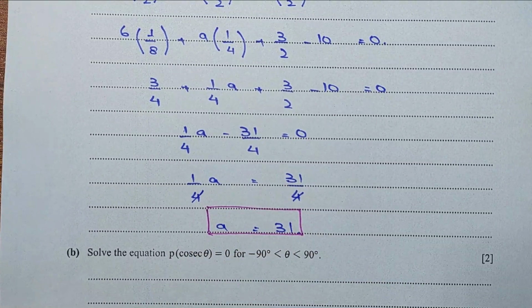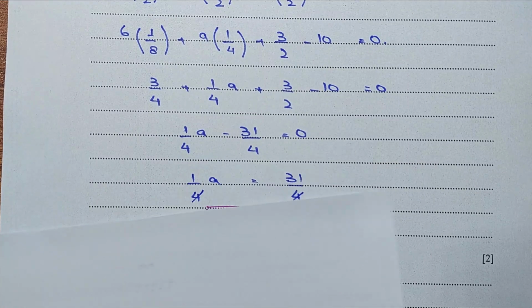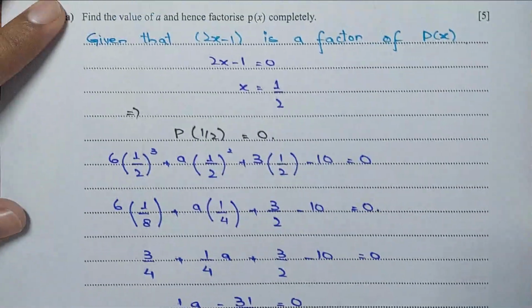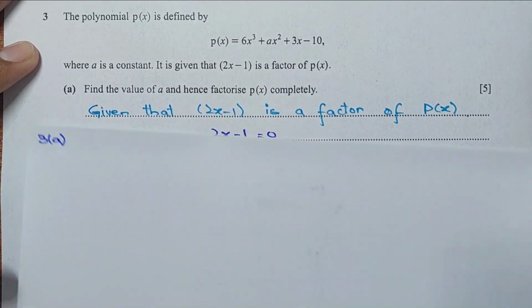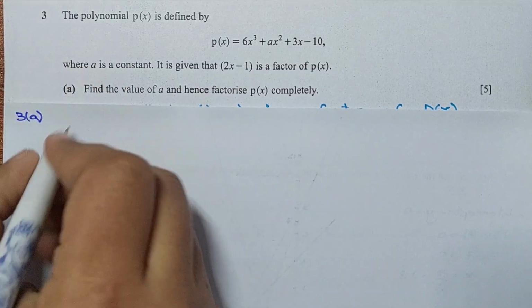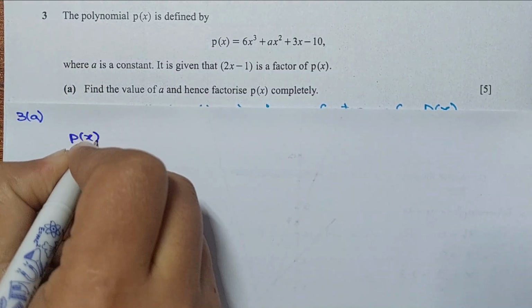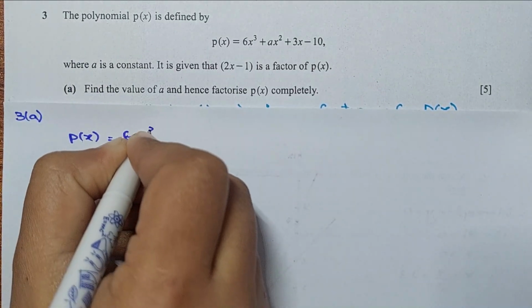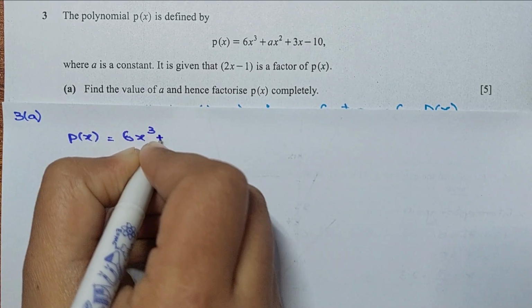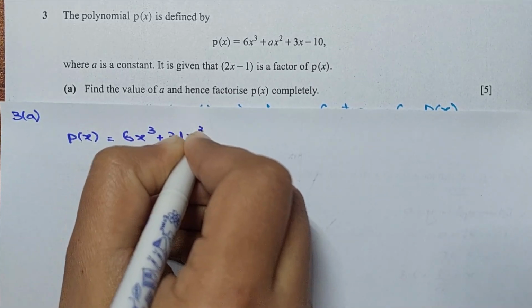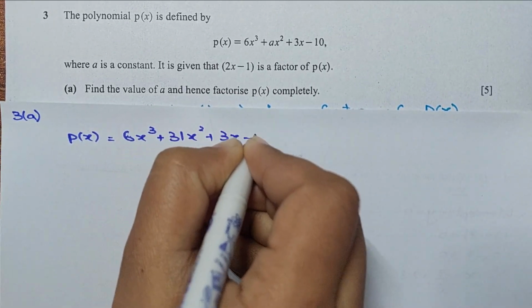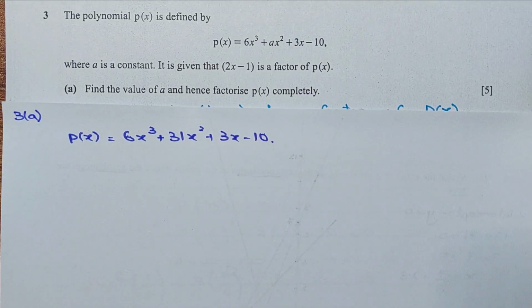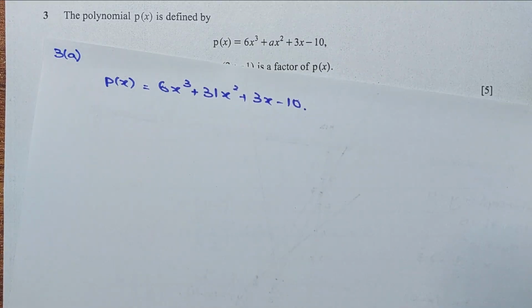Now in the next part we need to factorize this polynomial completely, right? Now we have the value of a, which is 31. Just substitute the value of a into the polynomial p of x. Now p of x is 6x cube plus 31 x square plus 3x minus 10. Okay, now we need to factorize it. For factorization we can use the method of synthetic division, right?